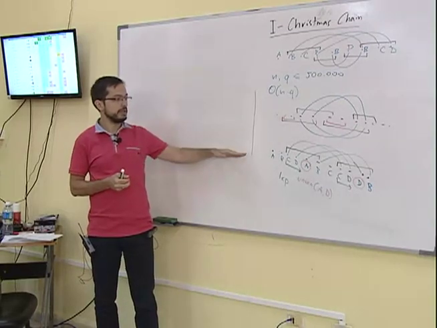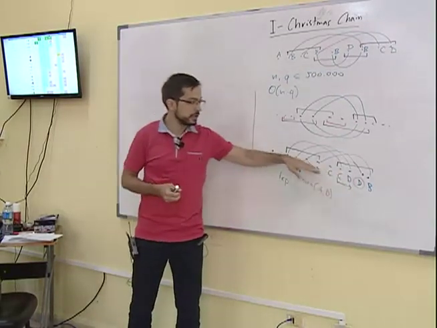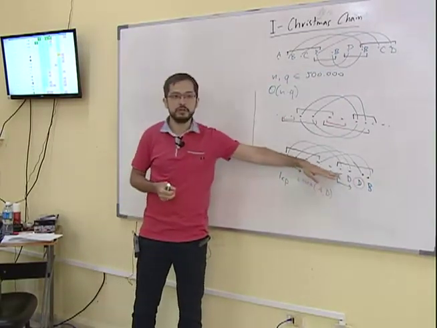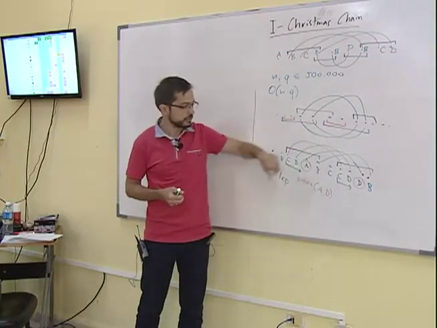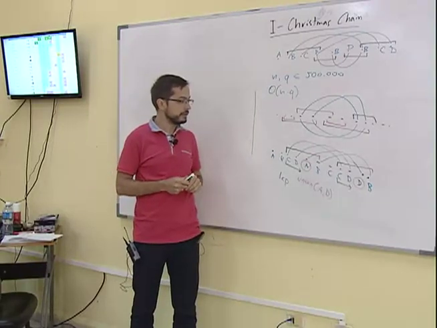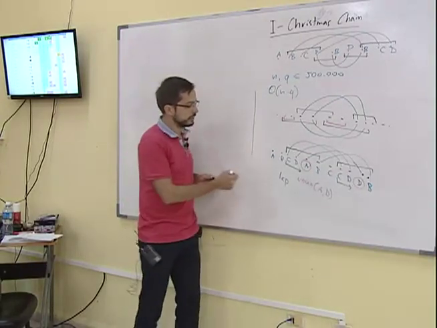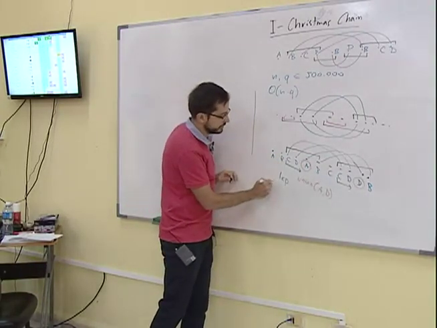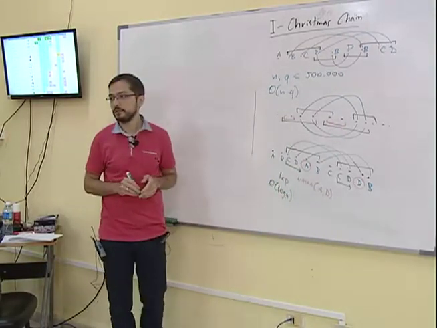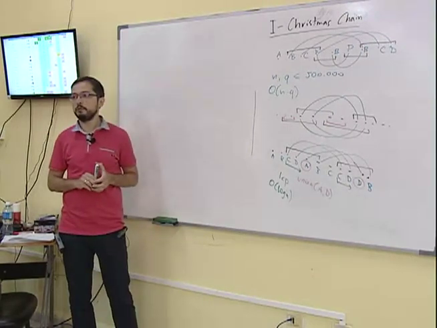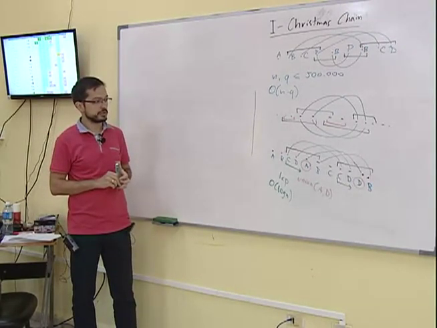So let's suppose that we have calculated the structure for hashing for this string. Then using hashing we can find this position in logarithmic time, the first mismatched position.